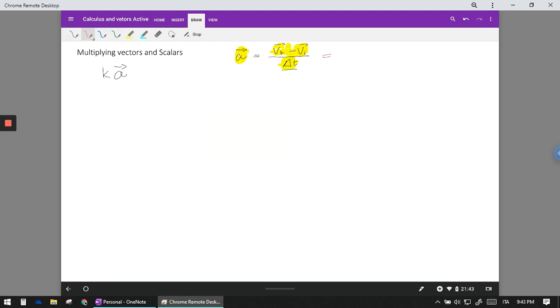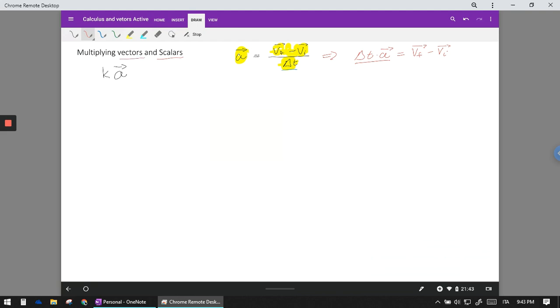If I were to manipulate this equation algebraically, I could multiply time over, and I could get delta t, or time, times acceleration equals the final velocity minus the initial velocity. And here, bang, there's a scenario right there where I happen to be multiplying time and acceleration, or multiplying a scalar with a vector.